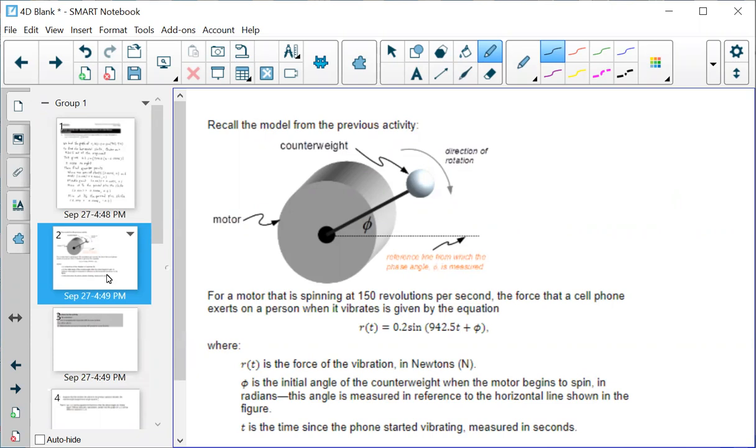For a motor that is spinning at 150 revolutions per second, the force that a cell phone exerts on a person when it vibrates is given by the equation R of t is equal to 0.2 sine of 942.5 t plus phi, where R of t is the force of the vibration, phi is the initial angle of the counterweight when the motor begins to spin in radians, and t is the time since the phone started vibrating in seconds.